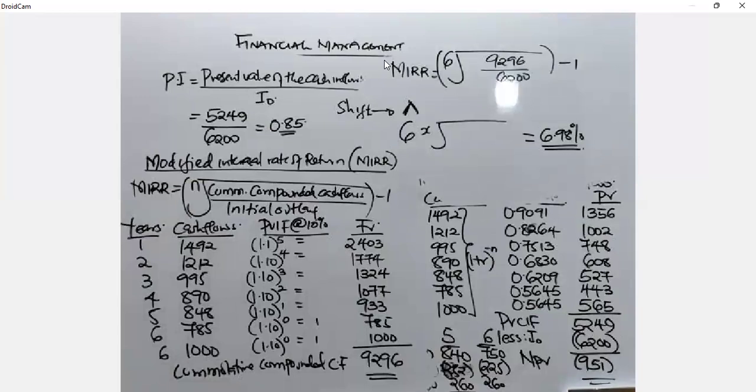For the present value interest factor for the cumulative compounded cash flows, why are we starting with 5 as the power for year 1 and then going down like that? I said it is another compounding.